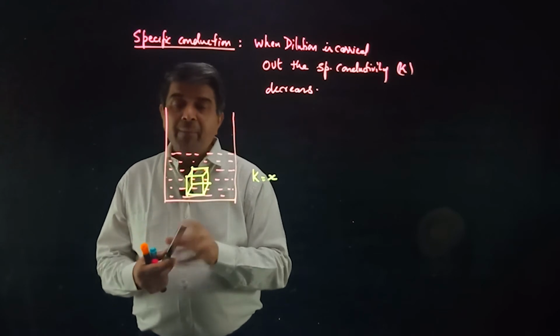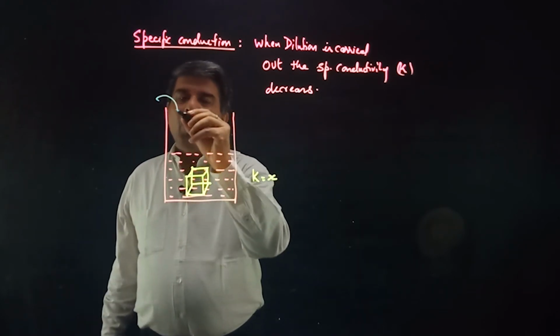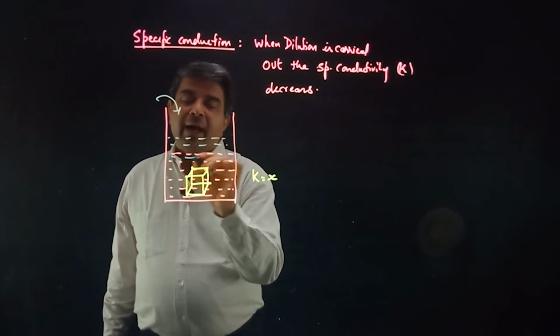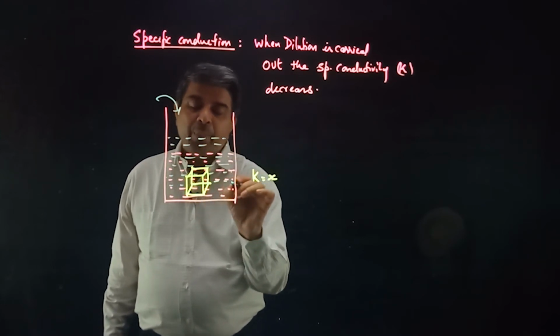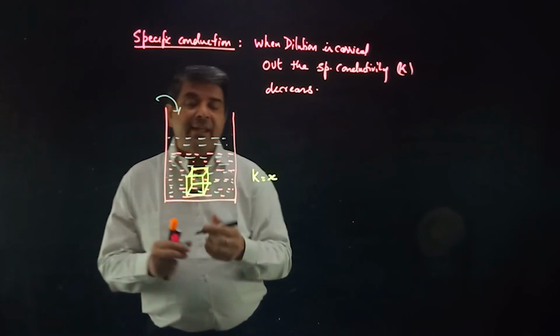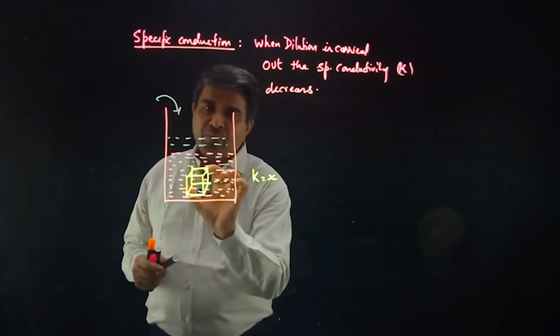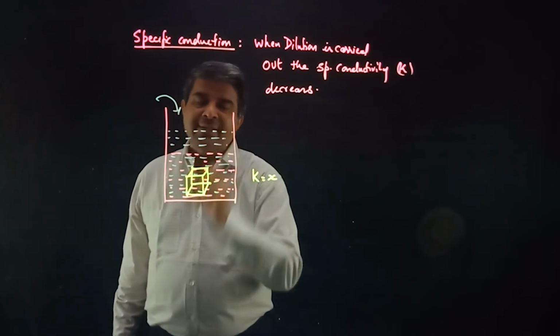Now if I am diluting this solution, that is I am adding more water into it. So now I have added more water into it, and because of addition of water, now what would happen? Basically now number of ions that were present in this 1 centimeter cube would now decrease, because I have diluted this solution.